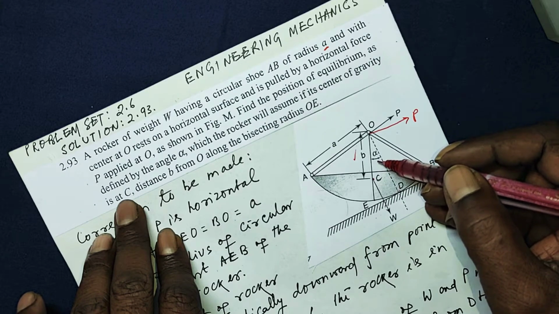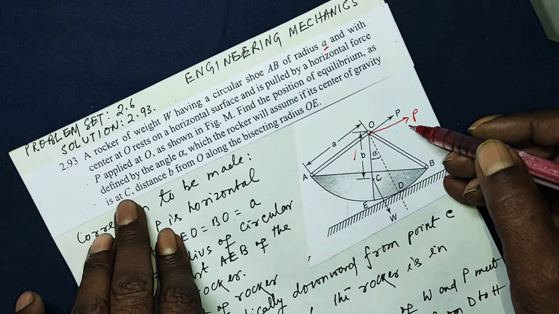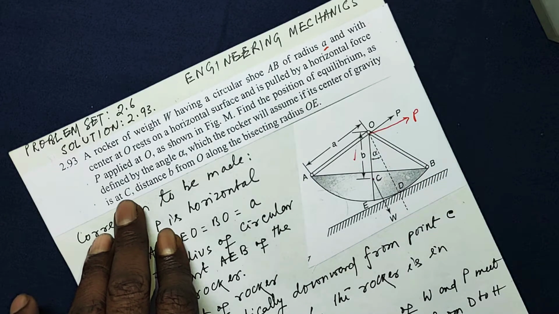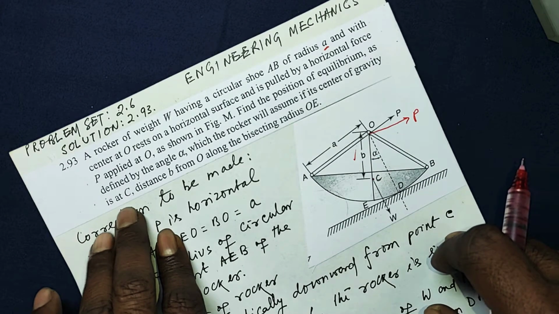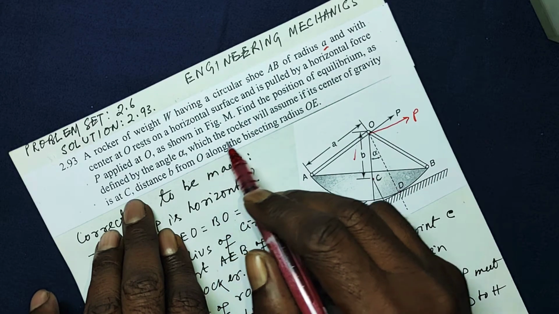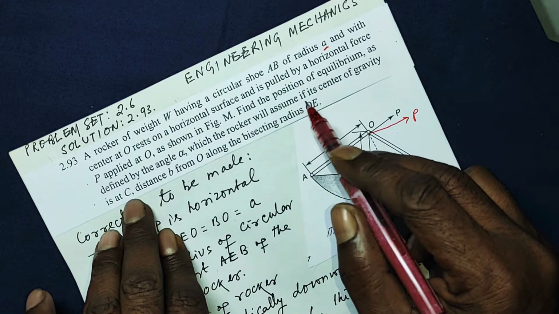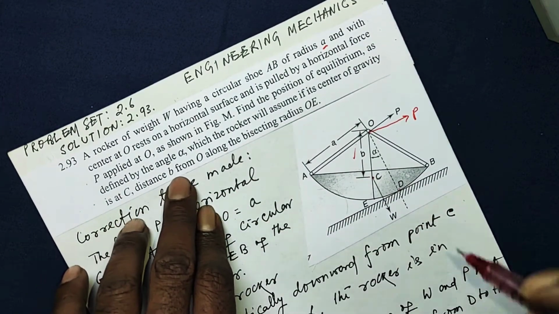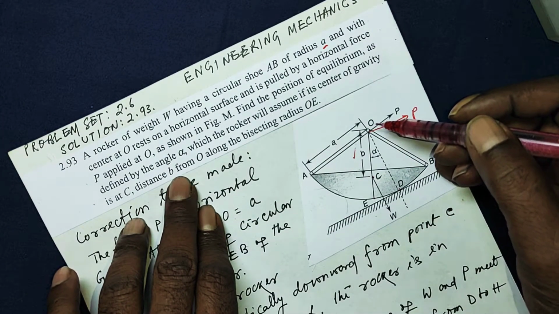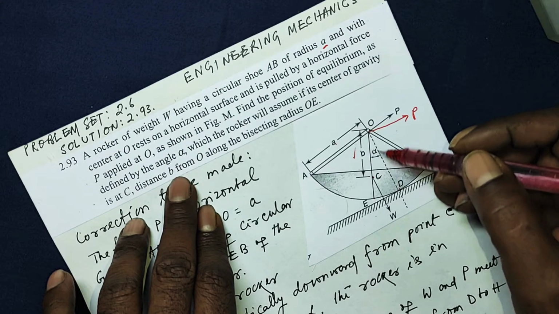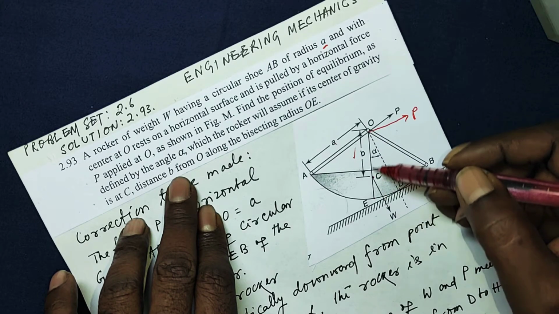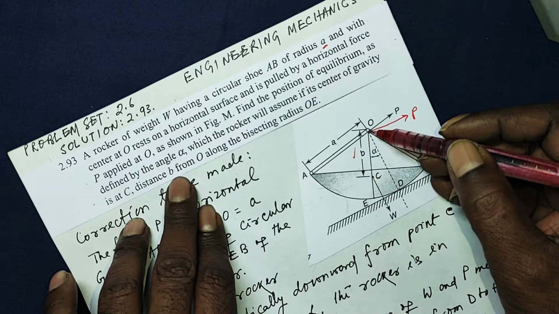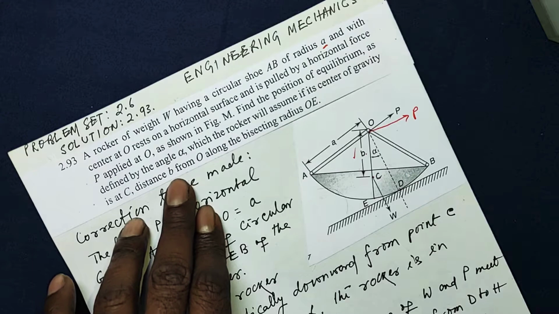For what value of alpha, in terms of P, a, and small b, is the rocker in equilibrium, which the rocker will assume if its center of gravity is at C, distance b from O along the bisecting radius OE. OE is the bisecting radius. The center of gravity from the point O is at a distance small b.